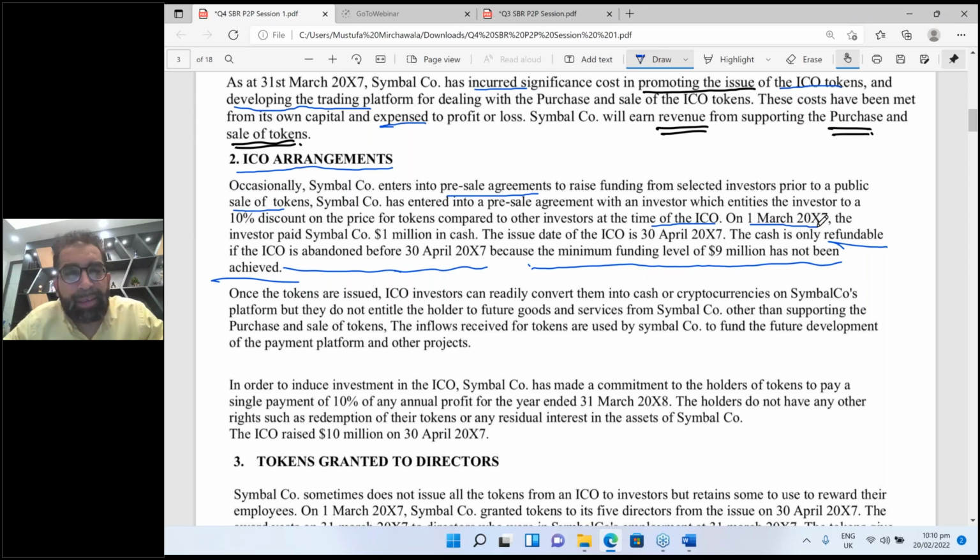This is the problem. We have openly told these pre-sale agreement guys, those who gave us advance, that yes, we will refund the amount if we don't generate the complete funds. And this funding is not in the control of the company. So yes, right now it's a financial liability, because it's not in our control.